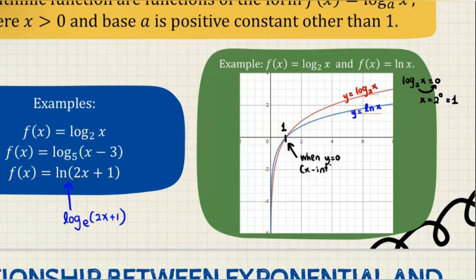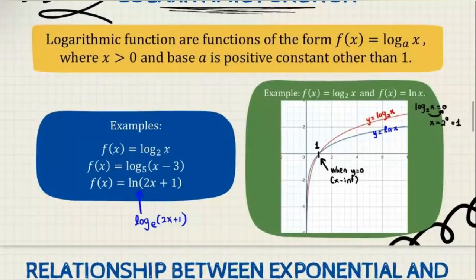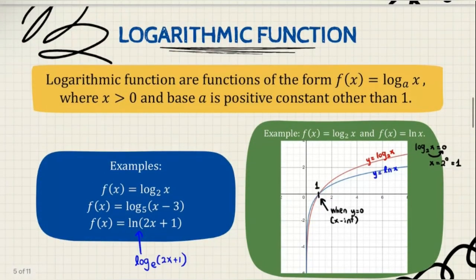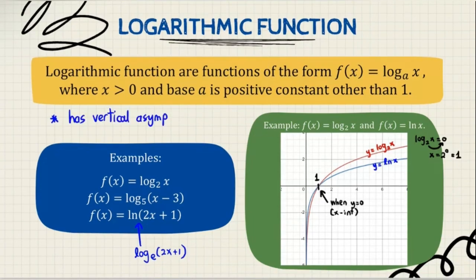Kalau tadi graf kepada exponential function kita ada horizontal asymptote, untuk graf kepada logarithmic function dia akan ada vertical asymptote. Macam mana kita nak kenal pasti vertical asymptote?